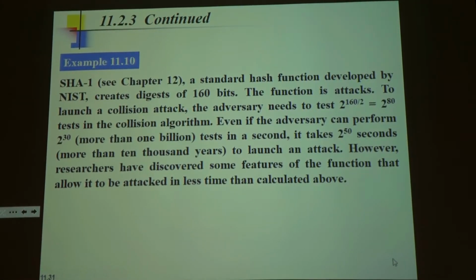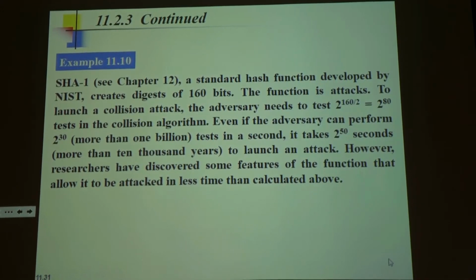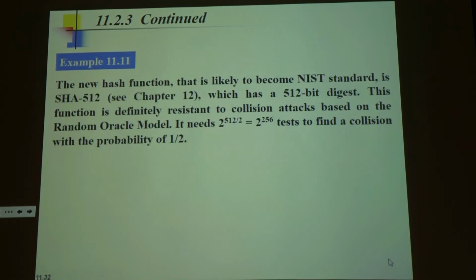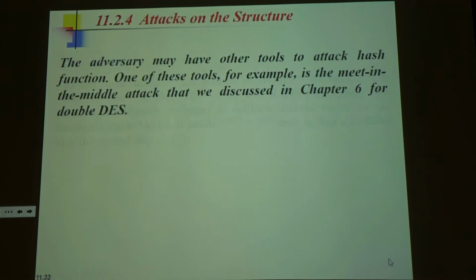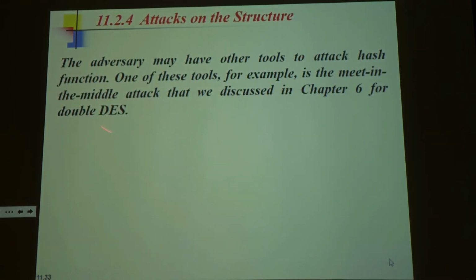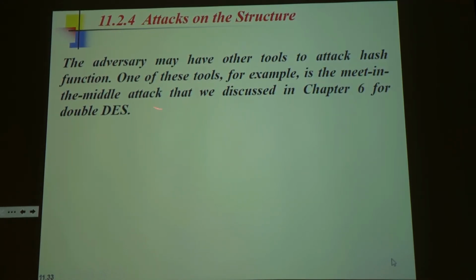The length of the hash is 160. Of course, it will be much stronger. Anyways, okay. Also, there is attack structure. The adversary may have other tools to attack hash functions. One of these tools, for example, is the meet in the middle attack.